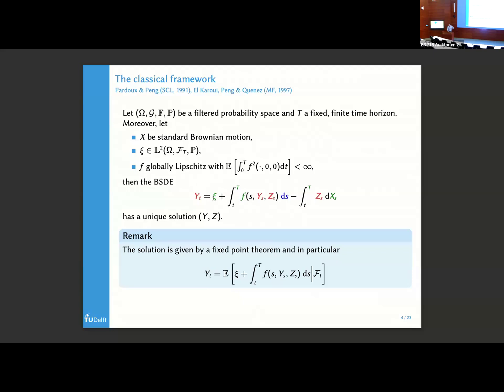Then you write a general BSDE in this form: you have the terminal condition, plus some finite variation term, and then also this martingale term. The known terms are denoted by green, the solution is denoted by red, and the solution is the BSDE and the integrator you're looking for here.